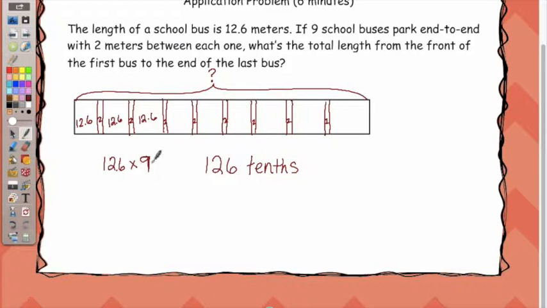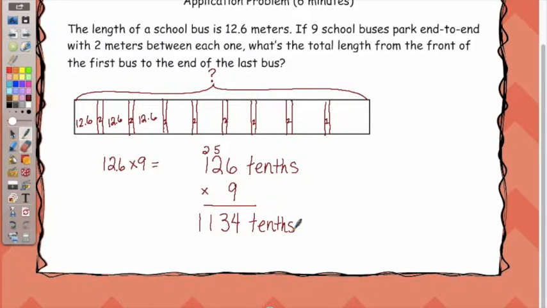Take that times 9. Okay, go ahead and multiply that out. Just go ahead and multiply it out. What label do I need on the bottom of this?